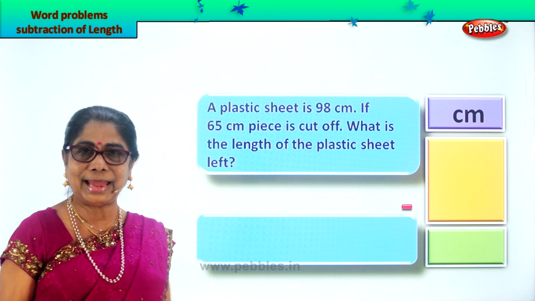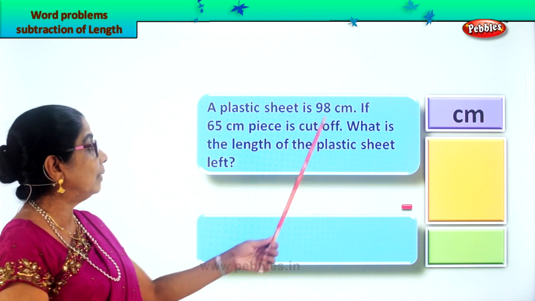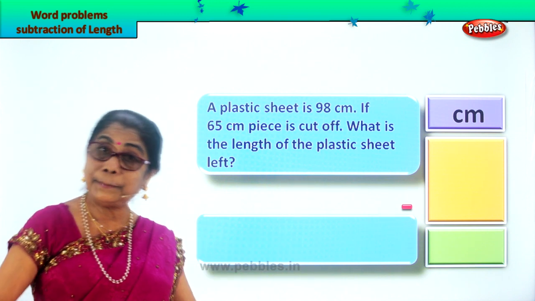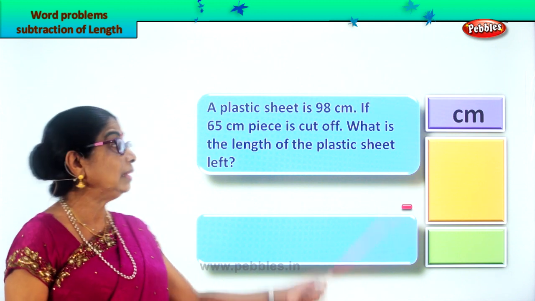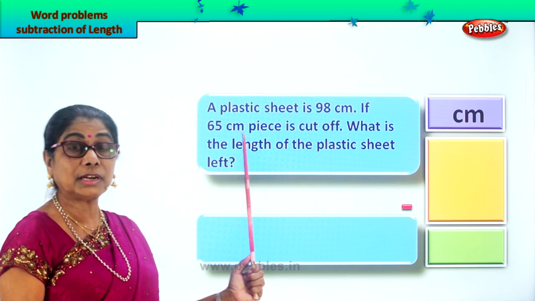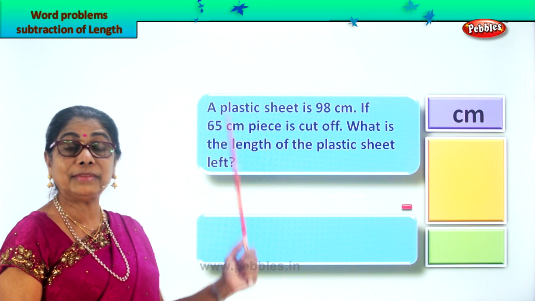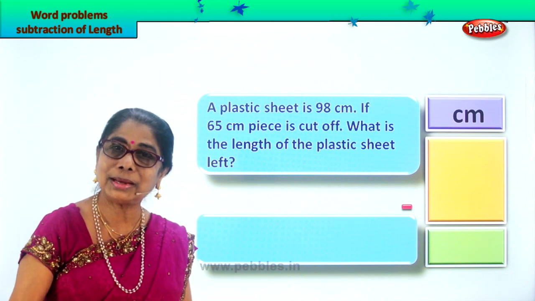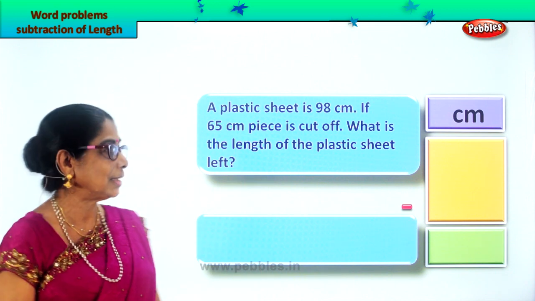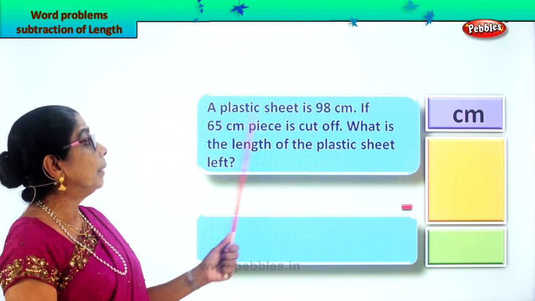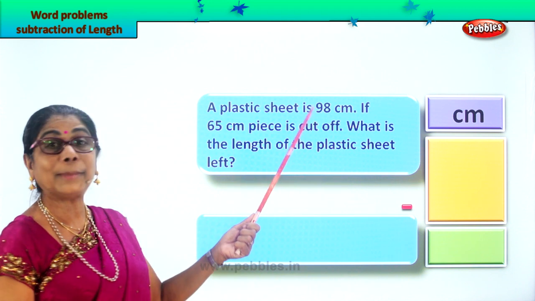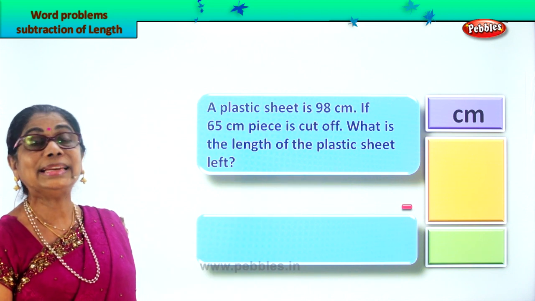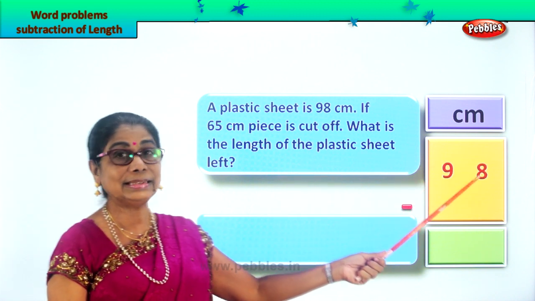So you're watching Daddy doing some work. We have 98 big length, a piece is cut off. That means from the big piece, one piece is cut off. From this number, take away this, the leftover. What kind of sum? Subtraction sum. Very good. So the total length of the plastic sheet equals 98 centimeters.